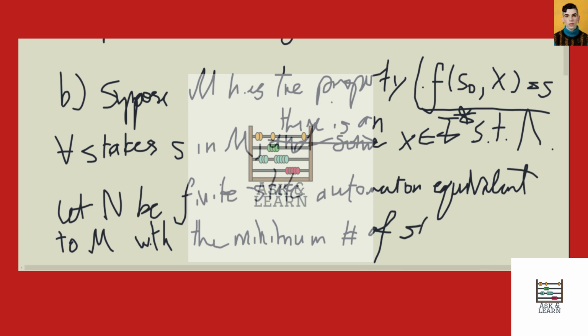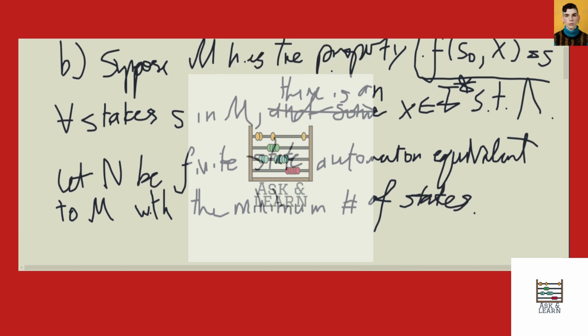We know this exists because the number of states is a positive integer, which is bounded below, and by the well-ordering property of the natural numbers must have a least element.